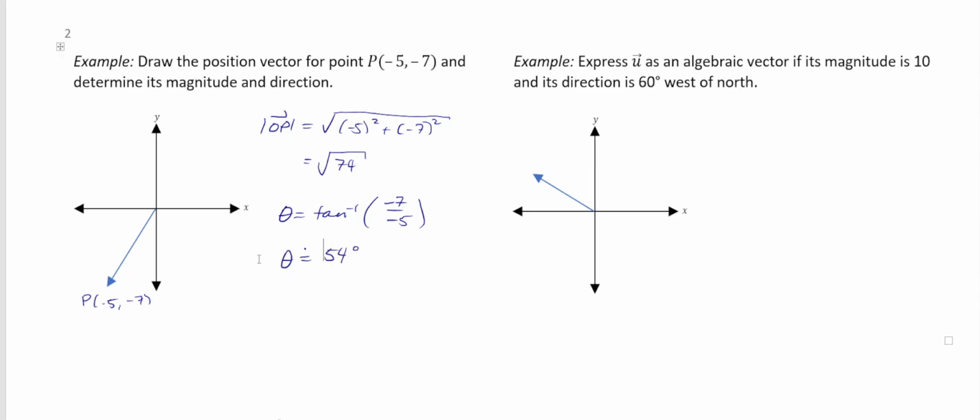The issue with this is that we can see that this angle is not 54 degrees because this angle would put us into the third quadrant. So 54 degrees would have us in the first quadrant. That's not possible. So I'm going to put an X beside that and identify that that is in quad 1.